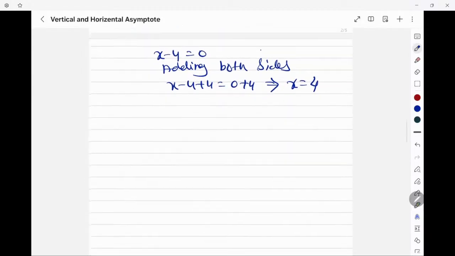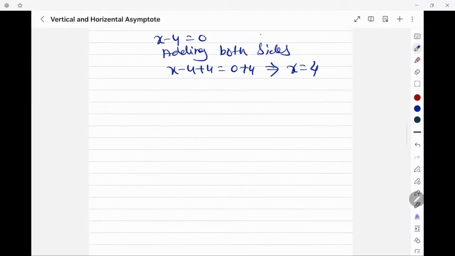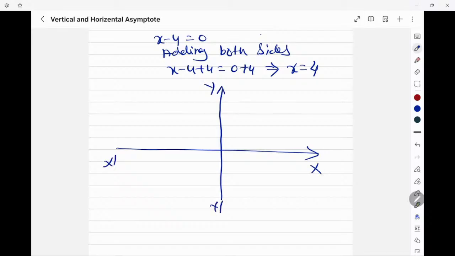So how do we draw the graph? First we draw the x y coordinate axes, y and y dash. Now here 1, 2, 3 and then 4. You plot the vertical dotted line parallel to the y-axis.